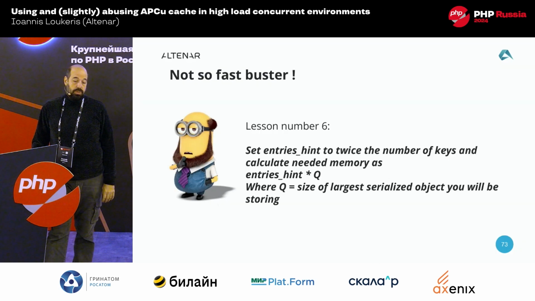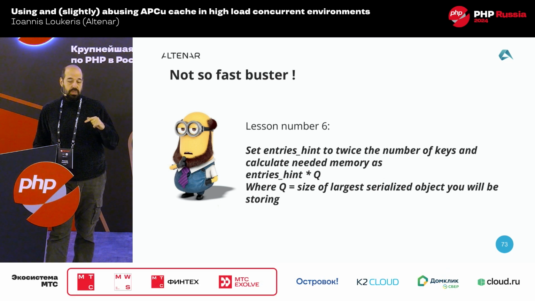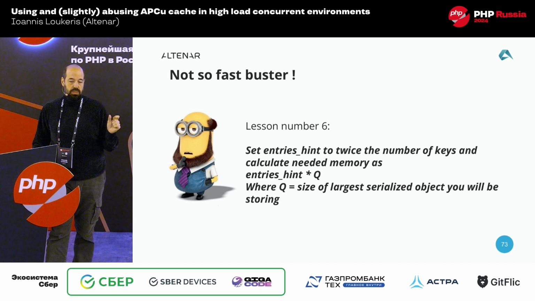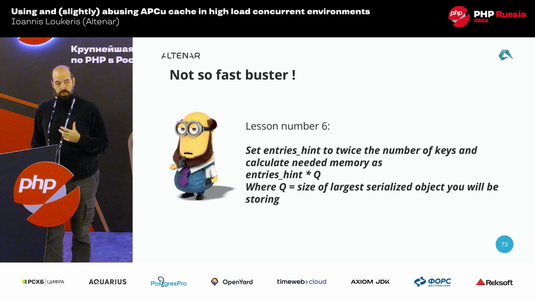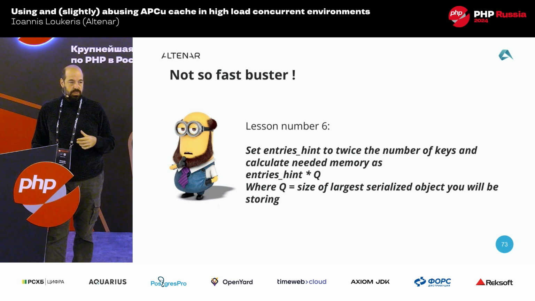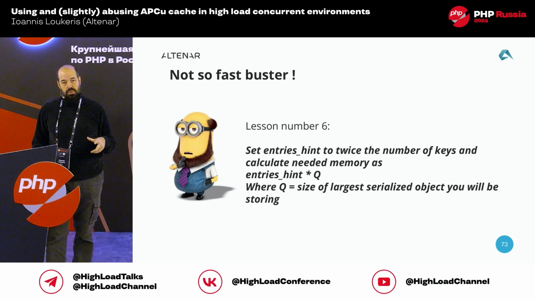So lesson number 6: set entries hint to twice the number of keys that you expect, and calculate the needed memory as the entries hint multiplied by Q, where Q is the size of the largest serialized object you expect to be storing. If you think that this is very vague, and if you think that this is very wasteful, you are correct on both counts, but unfortunately you don't have something more specific.